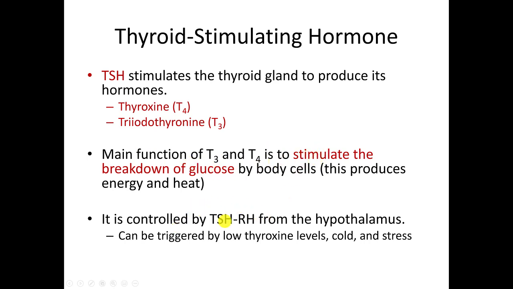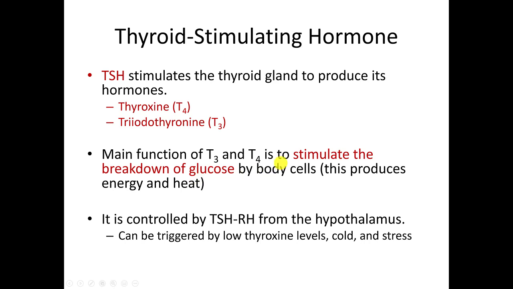Now, remember, the thyroid stimulating hormone being released from your pituitary gland is controlled by the boss, which is the hypothalamus. So when this hormone needs to be released, the hypothalamus releases thyroid stimulating hormone, releasing hormone. Your hypothalamus would release that anytime there's low levels of T3 or T4, or when you're cold.